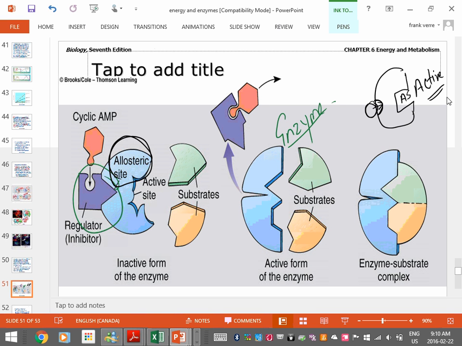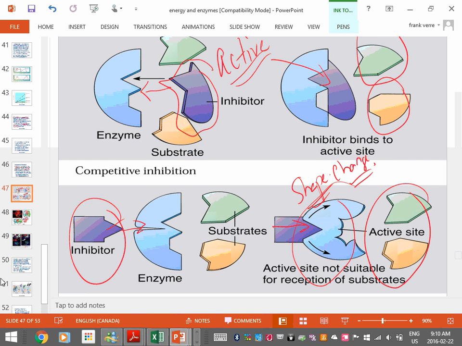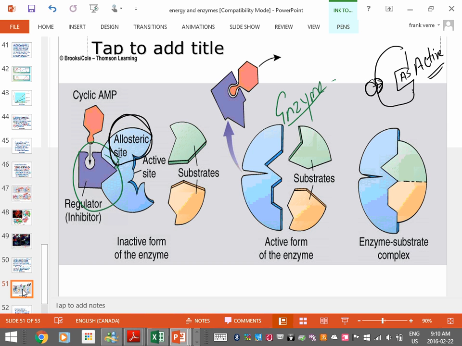Makes it active, which is different than non-competitive inhibition. Because in non-competitive inhibition, when the molecule attaches, the enzyme is always switched off. In allosteric regulation, the molecule attaches and can be switched on or off. It depends on what the regulator is doing.